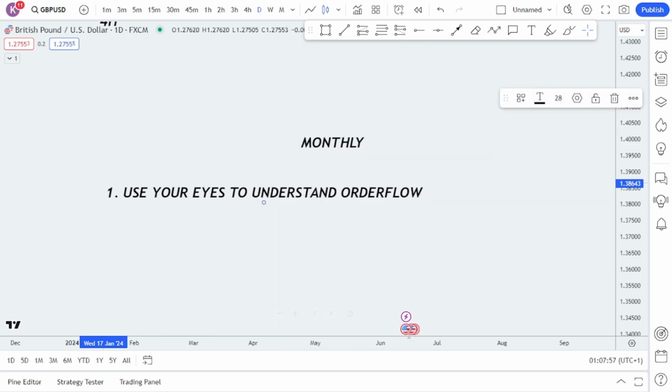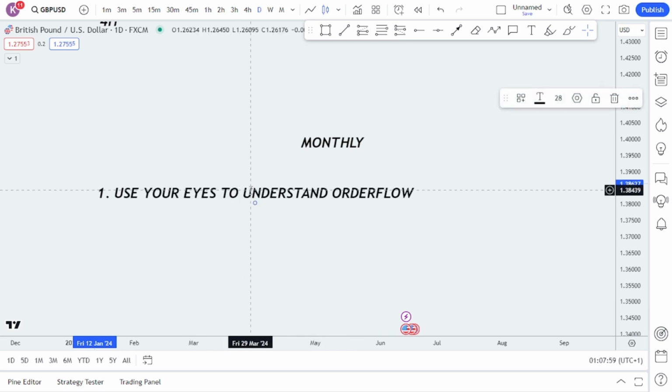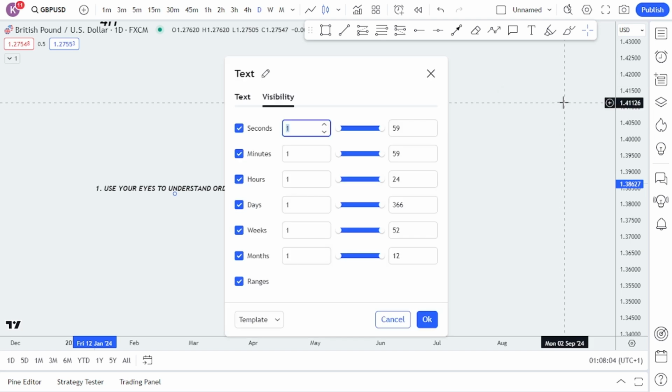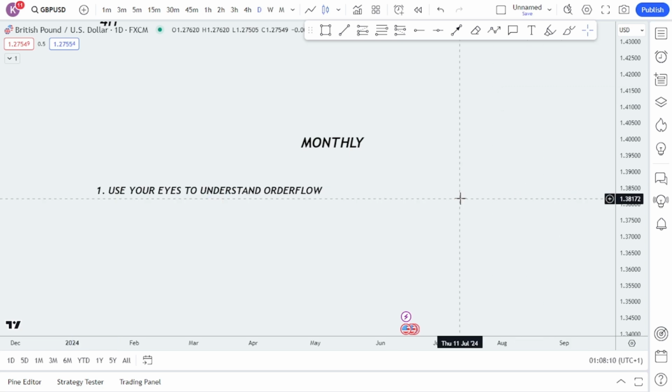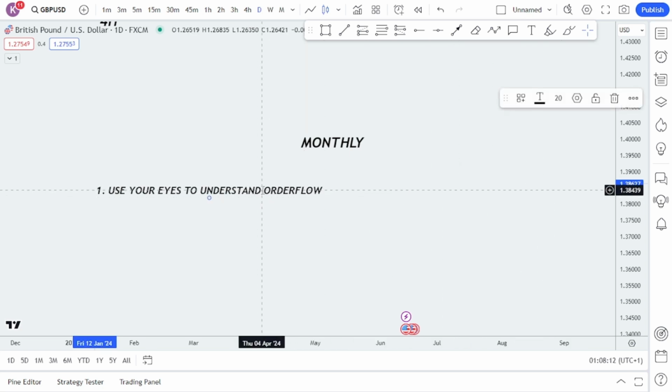So the first thing to map your market structure currently on the monthly chart is to use your eyes to understand the market order flow, and I'll show you how to do that in real time.